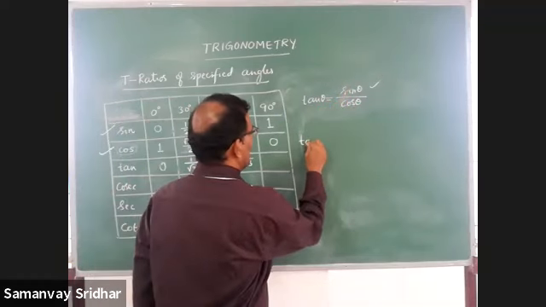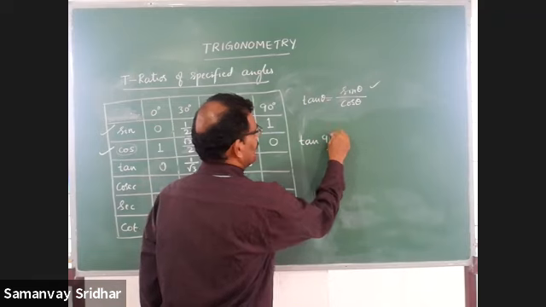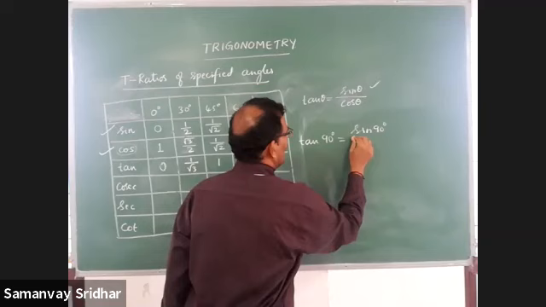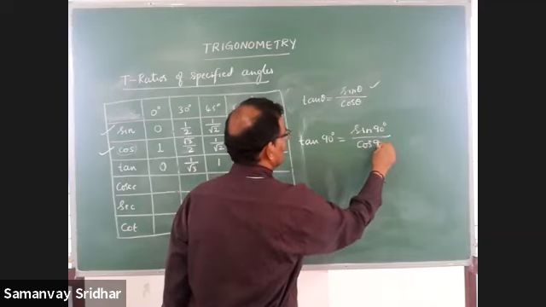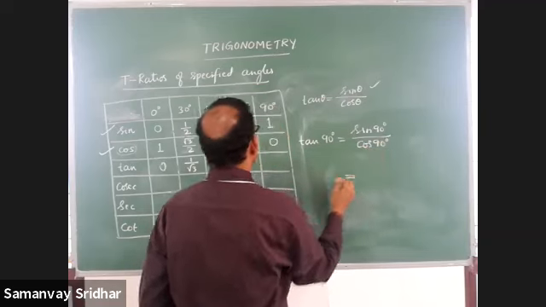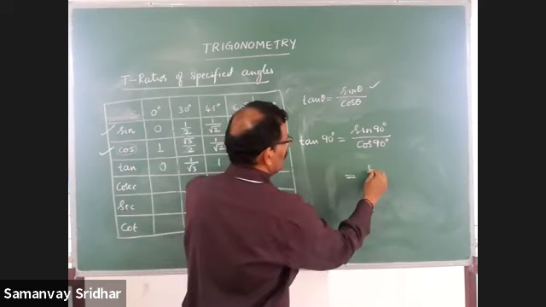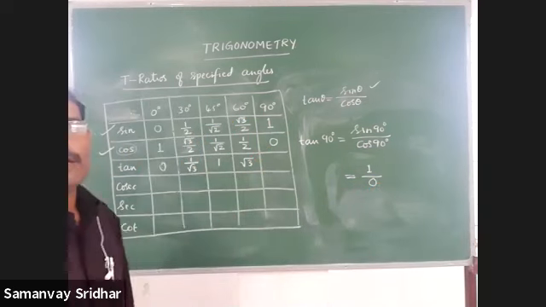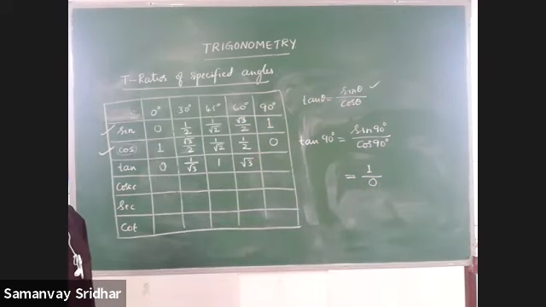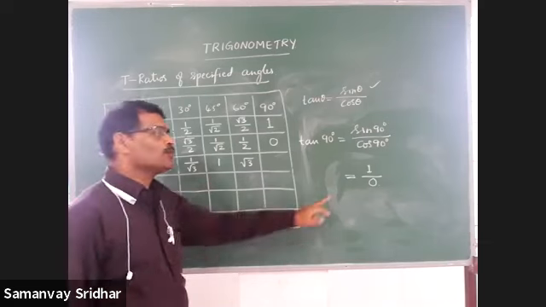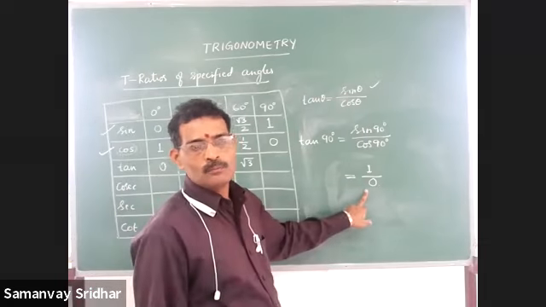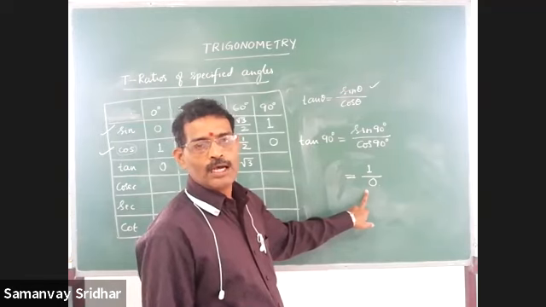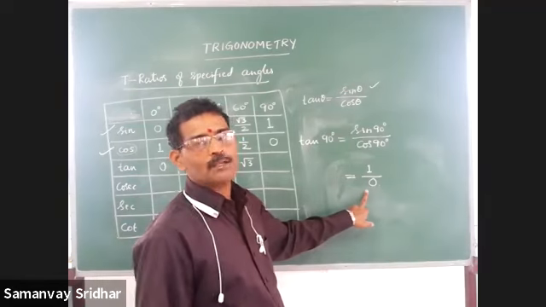That's why I'm going with tan 90. Tan 90 is sin 90 degree divided by cos 90 degree. What is sin 90 degree? 1. What is cos 90 degree? 0. Therefore, 1 by 0. What do you have in the denominator? 0. So till today, it is not defined.